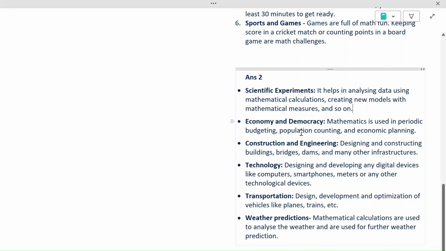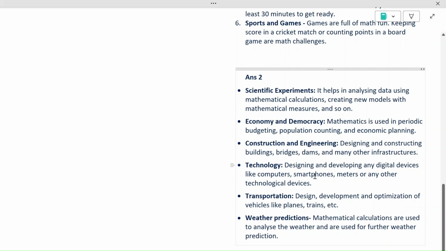Next one is economy and democracy. Here mathematics is used in periodic budgeting. Annual budgeting is done by the minister. That also involves mathematics, the counting of the population, and the economic planning done by the government, everything involves mathematical calculations.